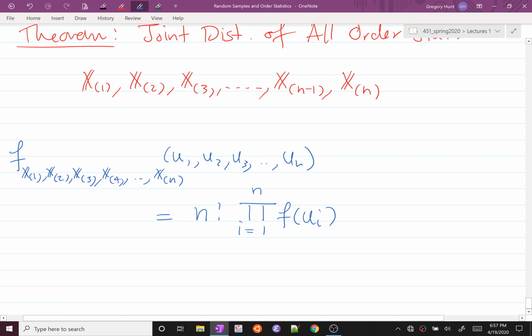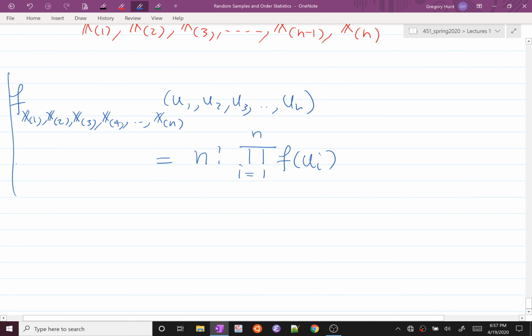So this is the probability that the minimum is u1, the second smallest is u2, the third smallest is u3, the fourth smallest is u4, up to the largest is un. The density of that occurring is n factorial times the product of the PDF of just the underlying random sample, that is little f, evaluated at each of these u sub i. So it's a really simple formula.